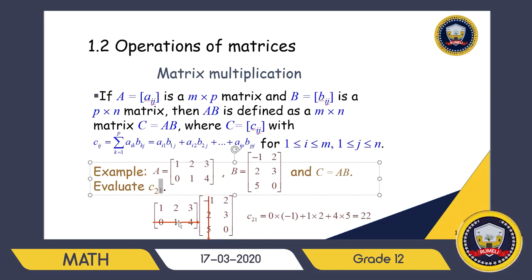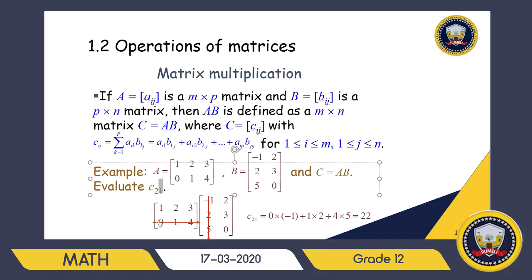Let's do the multiplication. 0 multiplied by -1, and then we add 1 multiplied by 2 plus 4 multiplied by 5.